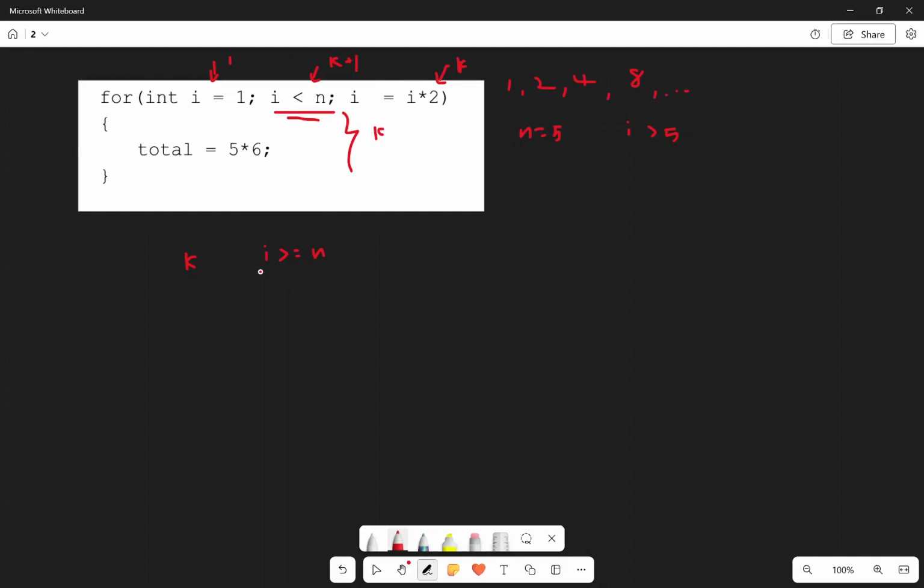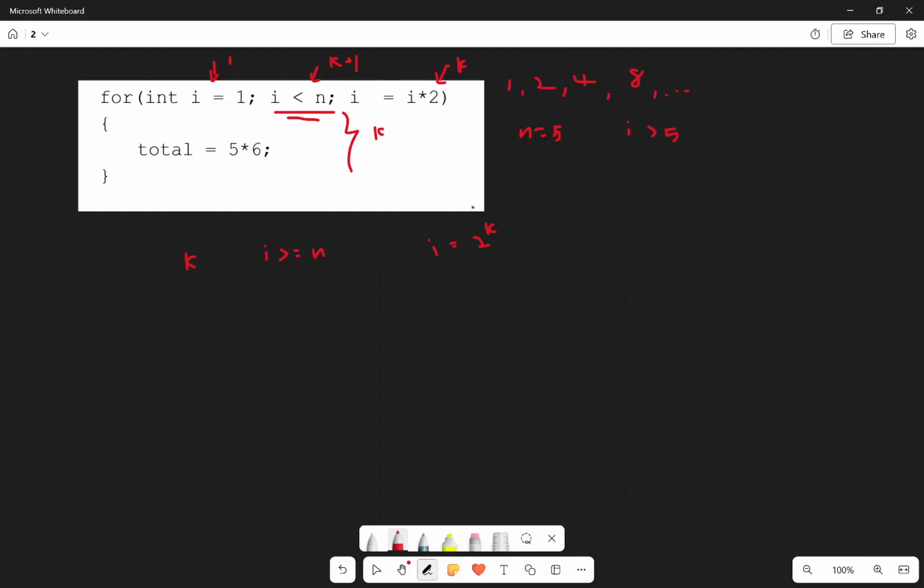All right. So after k iterations, I can say I is equal to 2 to the power k. Okay, I can say it's 2 to the power k.